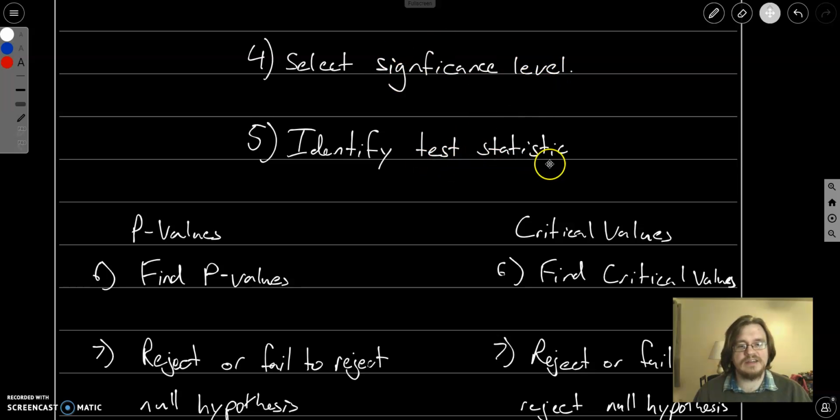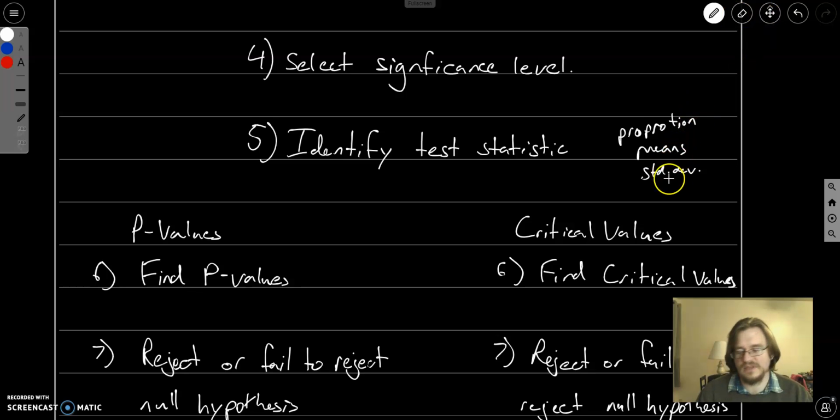We have to identify our test statistic. This could be something like a proportion, like identifying what sort of thing we are looking at. Are we looking at proportions? Are we looking at means? Are we looking at standard deviations? Once we know this, we can look at the distributions for these statistics. These are the sorts of things that we will need to know.